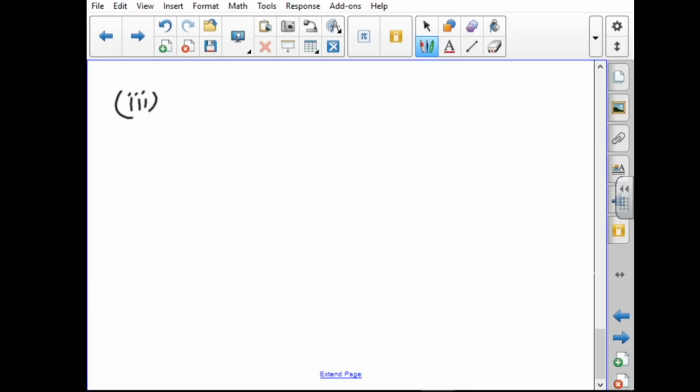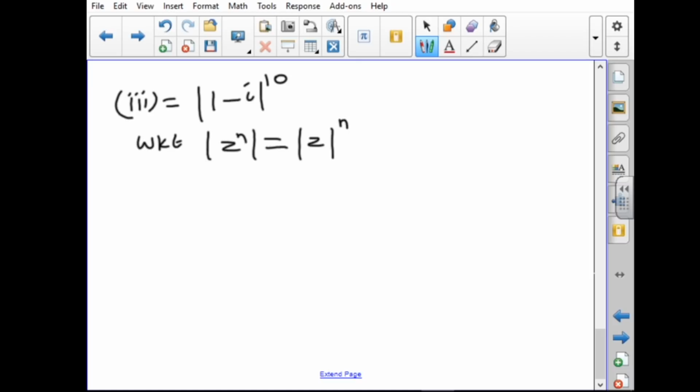The third subdivision is modulus of (1 minus i) the whole power 10. So we know a result. We know that modulus of z power n is equal to modulus of z the whole power n. So now we are going to find the modulus of this. (1 minus i) the whole power 10, modulus we have to find.